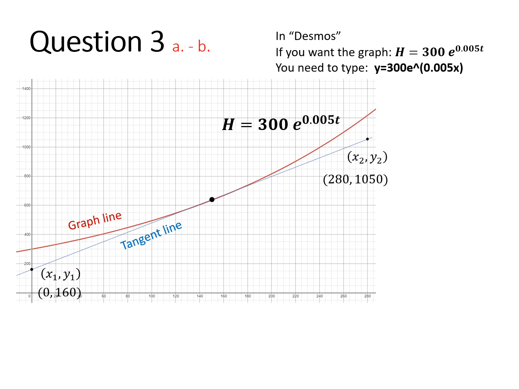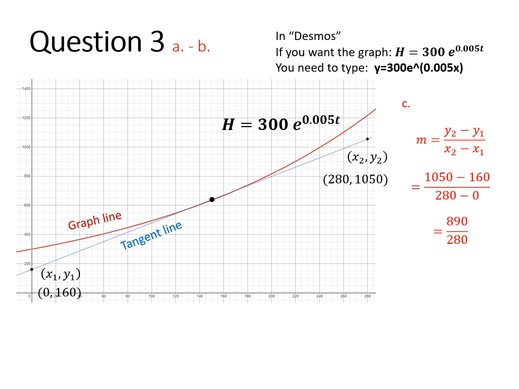Now I've got my 2 coordinates, I can work out the gradient. If we remember the equation for working out a gradient, m equals y2 minus y1 divided by x2 minus x1: difference in the y divided by difference in the x. So carefully put the right numbers in, and it's important you don't put them in the wrong place. There I've put those 2 coordinates in, 280, 1050, and the other coordinate was 0, 160.